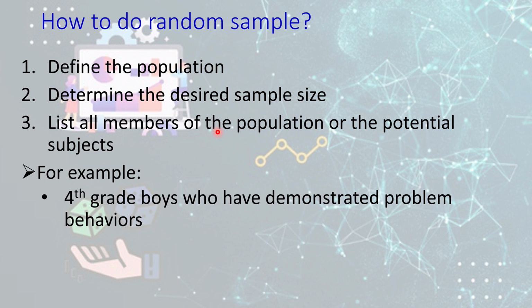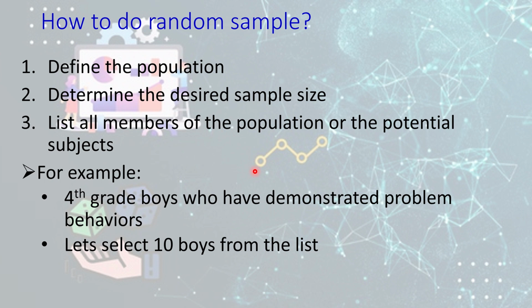For example, if you are interested in the study of 4th grade students who have demonstrated problem behavior, that's the population we have defined, and then we move to a sample of size 10.